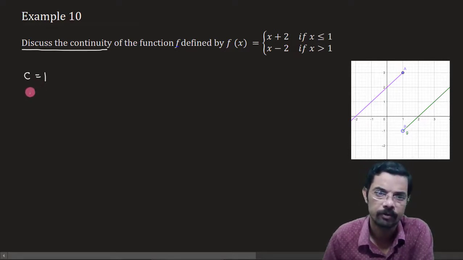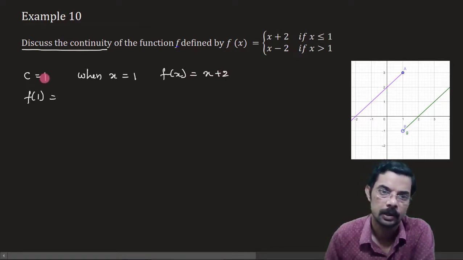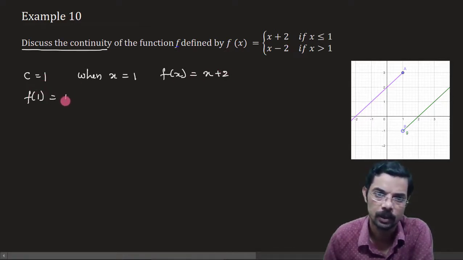So f of 1, whether the function is defined at 1 or not: when x is equal to 1, f of x is equal to x plus 2. Therefore f of 1 will be equal to 1 plus 2, and that will be equal to 3.